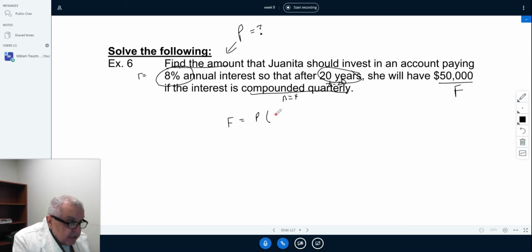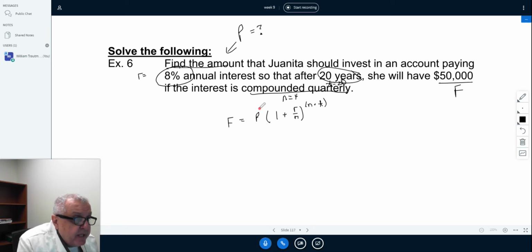F equals P times 1 plus R over N, I use N instead of M, raised to the N times T. But we're looking for P. Do you see? We're looking for P. So I'm going to take this to the other side by dividing it. So I end up with F divided by 1 plus R over N raised to the N times T.